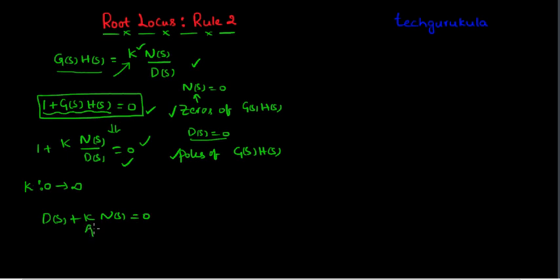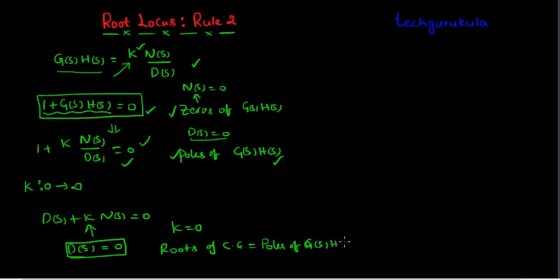So if I substitute k equals 0, then the roots of the characteristic equation are the roots of D(s) equals 0. These roots are nothing but the poles of G(s)H(s). So it means when k equals 0, the roots of the characteristic equation are nothing but the poles of the open loop gain, which is G(s) times H(s).